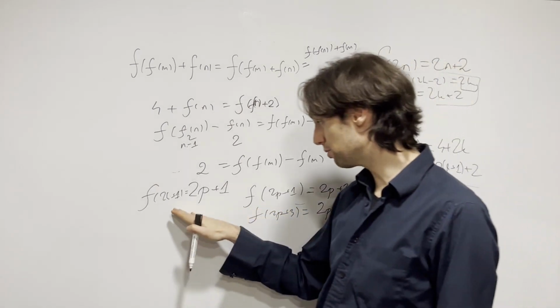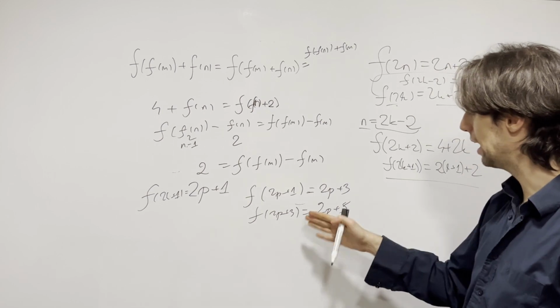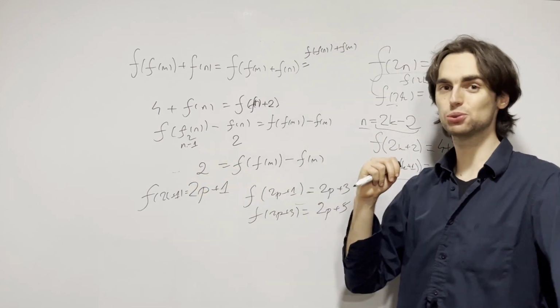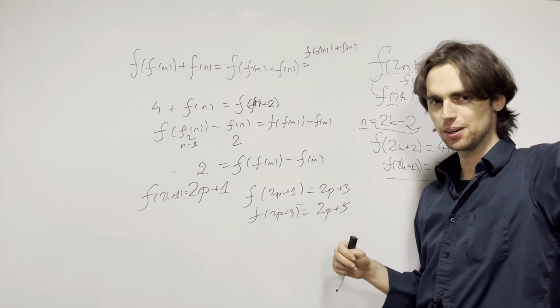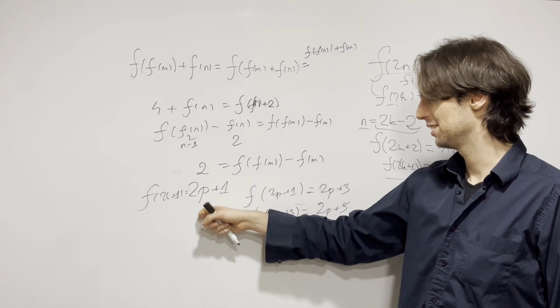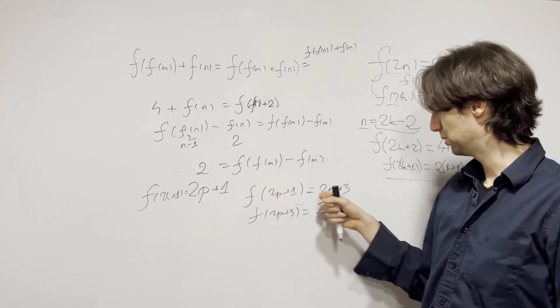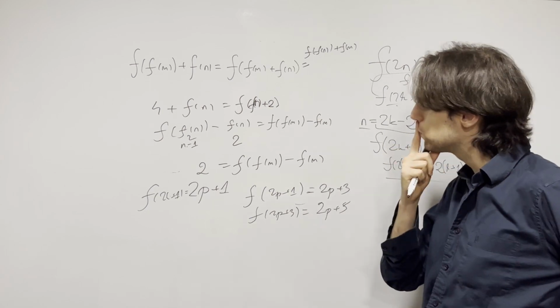And then starting from 2p plus 1, all the other odd numbers will be taken. This means that the numbers starting from 2p plus 1, so numbers 2p plus 3 and so on, are taken.